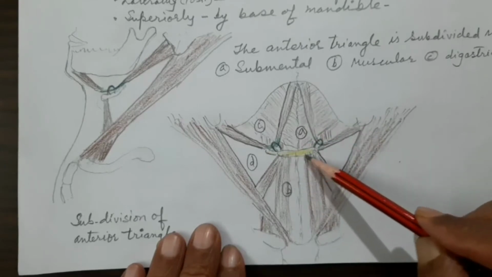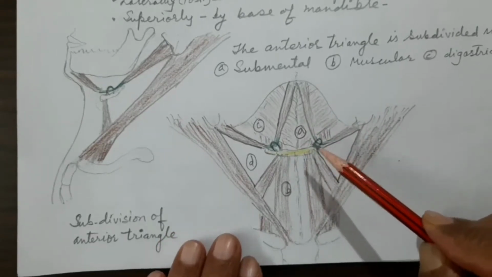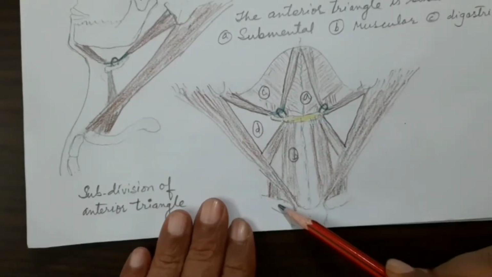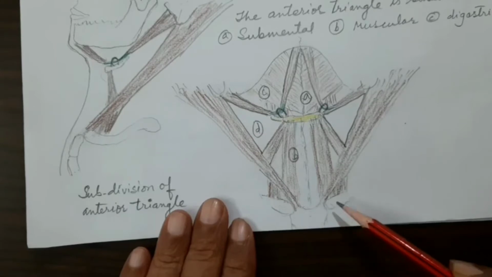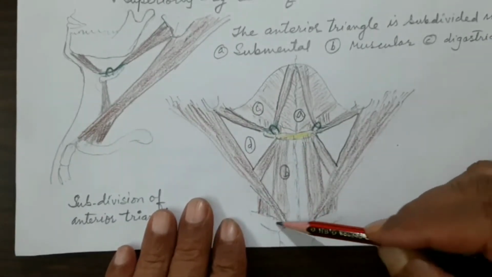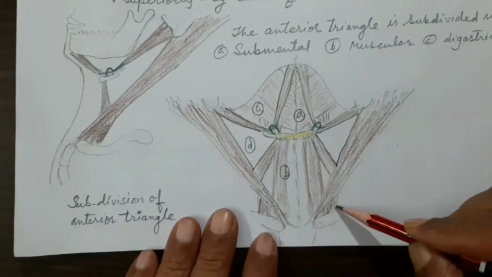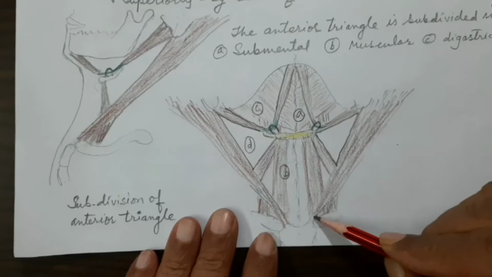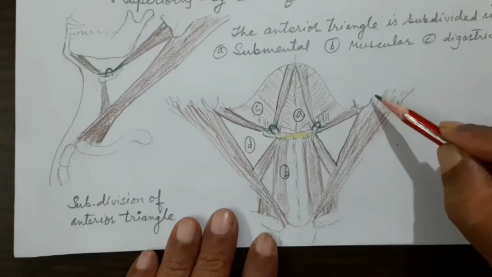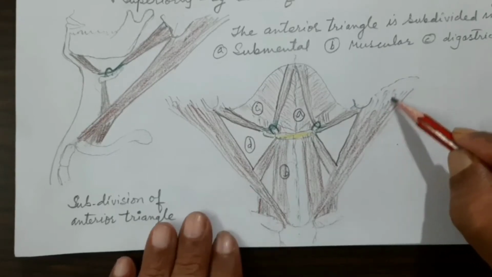Then you are seeing this bone, the hyoid bone. Below this is the manubrium sterni and the medial ends of the two clavicles. Sternoclavicular joints are seen. From the sternum as well as from the upper surface of the clavicle, you are seeing the sternocleidomastoid going and getting attached to the mastoid process and to the superior nuchal line.